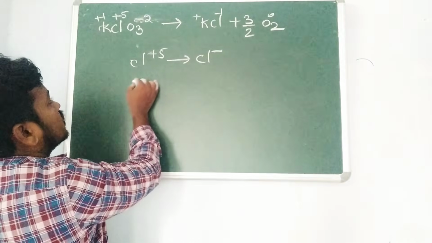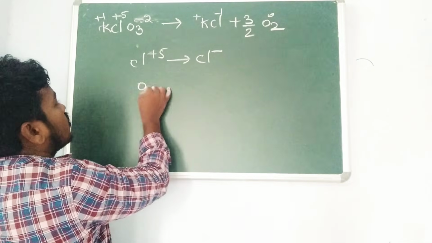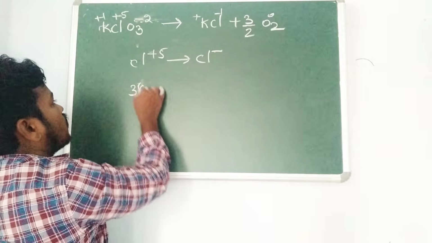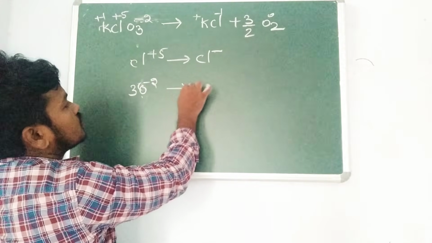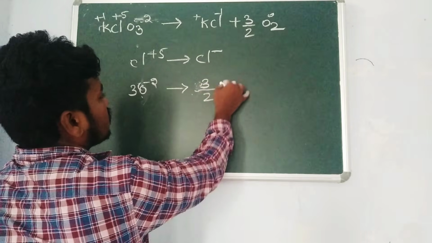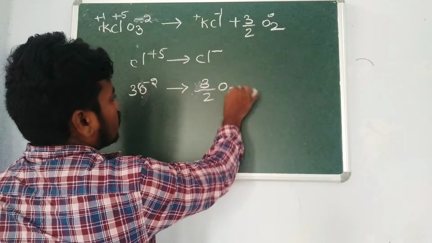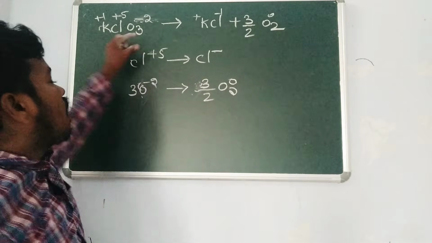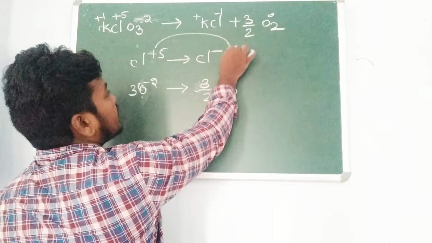So 1 chlorine only. So here oxygen 3, you can write like this. -2 is changed to 3/2 to 0 oxidation state. So you can see here from chlorine -1.